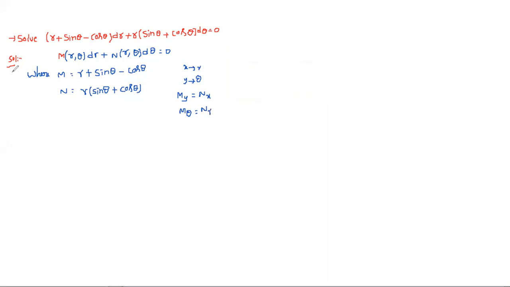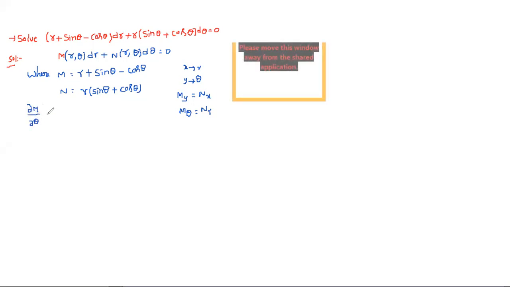So first we find dou M by dou theta. We apply the partial derivative of M with respect to theta, so obviously r is a constant.